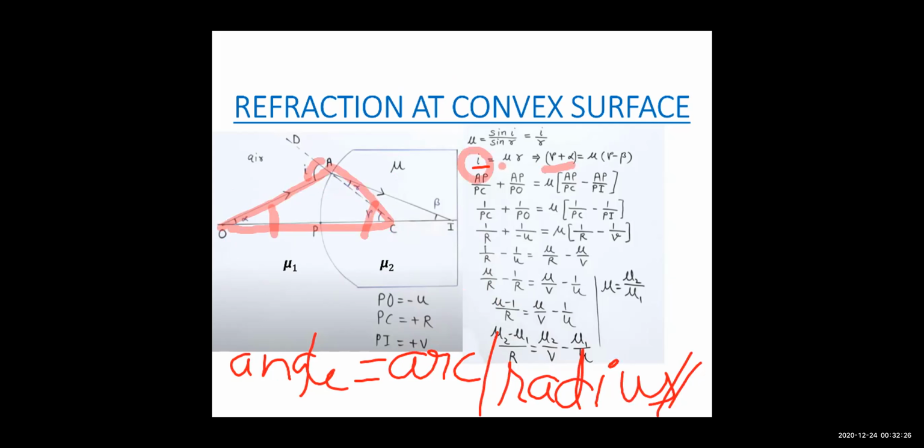Now let's substitute the value of R using the same property. Now we are going to consider the triangle, and that triangle is this. The triangle name is triangle ACI. Triangle ACI, right, children? Now this triangle, this is gamma, right, beta? This is gamma.